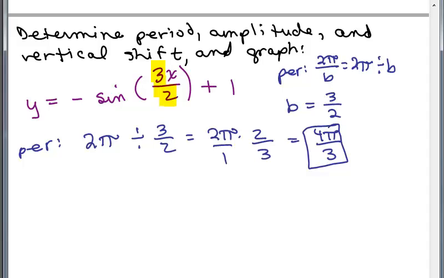All right, if you don't want to use the formula, what you say is, what's in the parentheses here, the 3x over 2? And the sine usually goes between 0 and 2 pi, and what you do is you solve for x to see what the period goes between. So I need to isolate x, so I multiply both sides by 2/3.